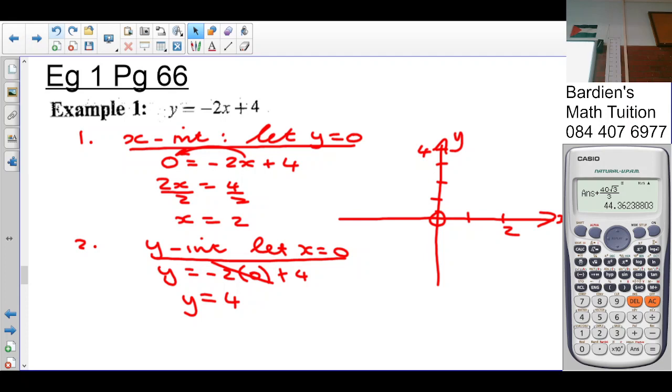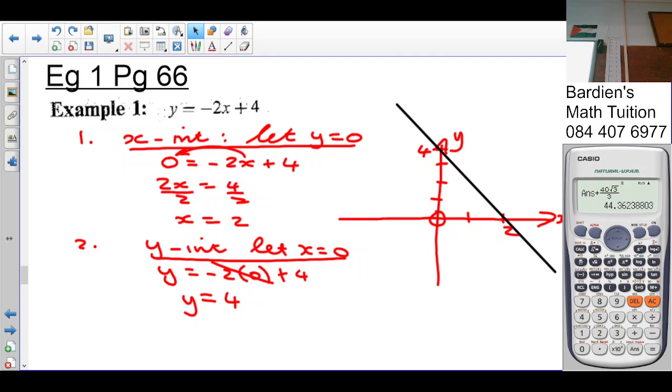So we now take a ruler, as you see me using. I draw the line going through the 2 and the 4. Can you see that, people? There we go. You guys understand?